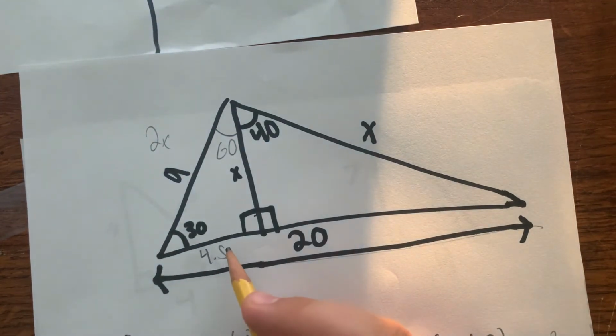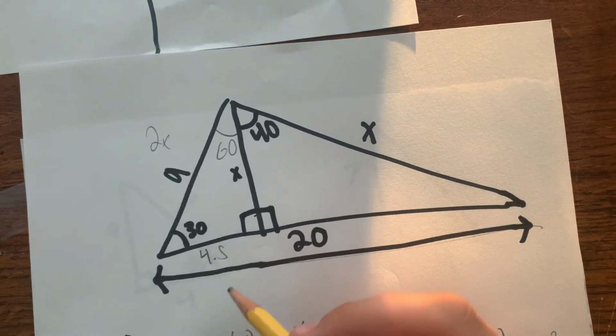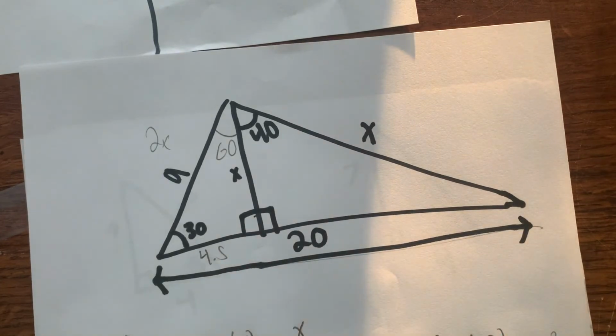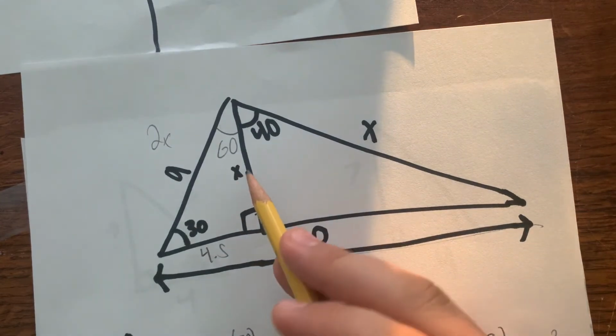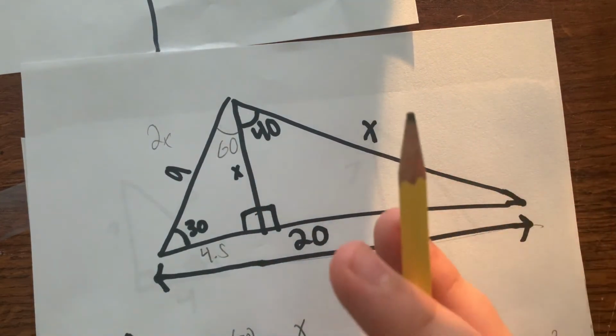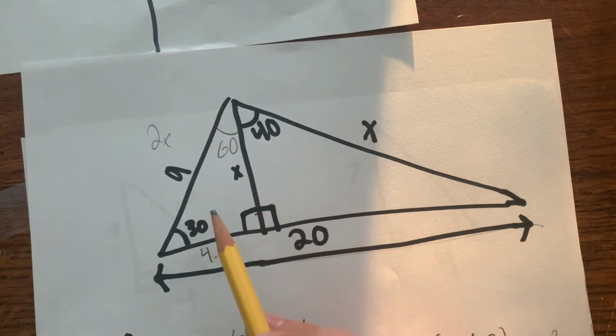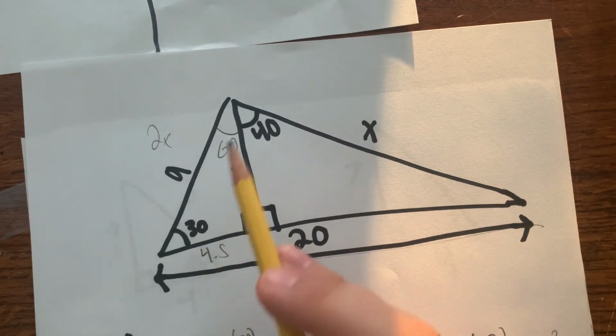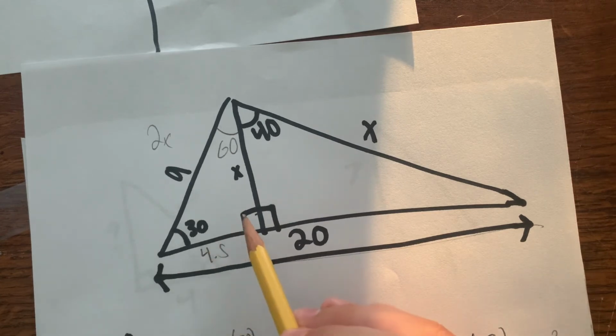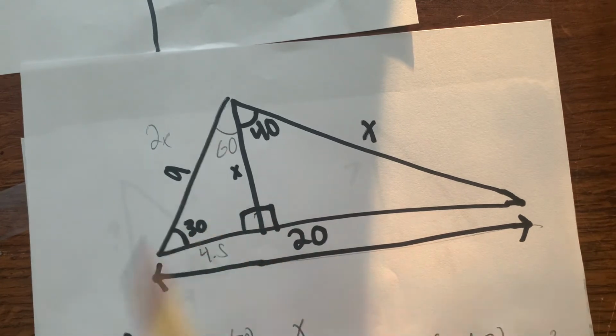And this is always x in a 30-60-90 because it is the shorter leg. So now you have x. You can easily find this out using the 30-60-90 method. Once again, you wouldn't be able to use this unless you knew that there was a 30, 60, and 90, which means you need to have a right angle, a 30, or a 60.